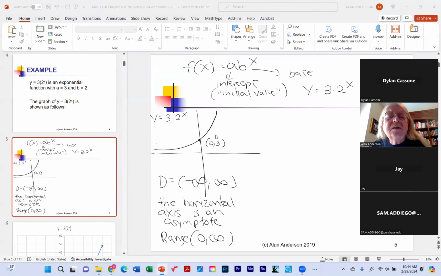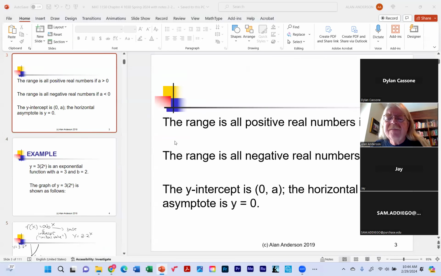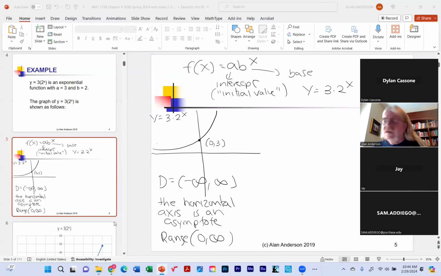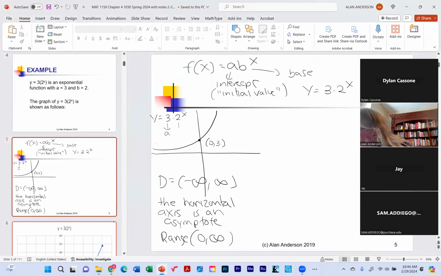And this will always be true when a is positive. This is a, and this is b. When a is positive, the entire function will be above the axis, and therefore we'll have a shape like this.